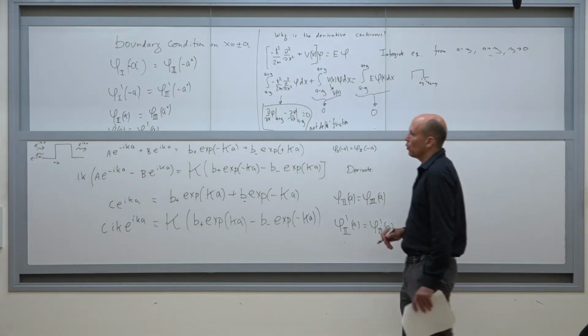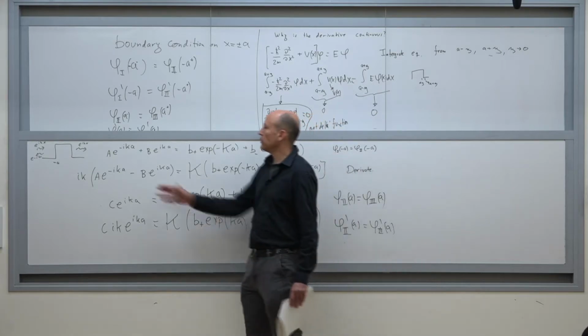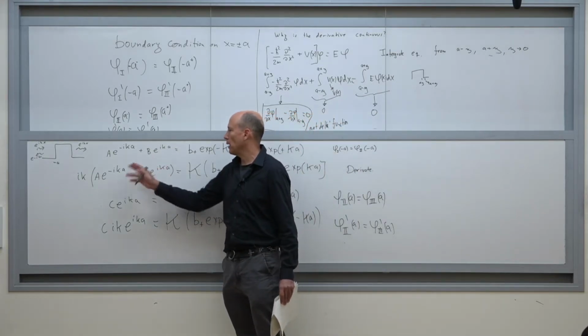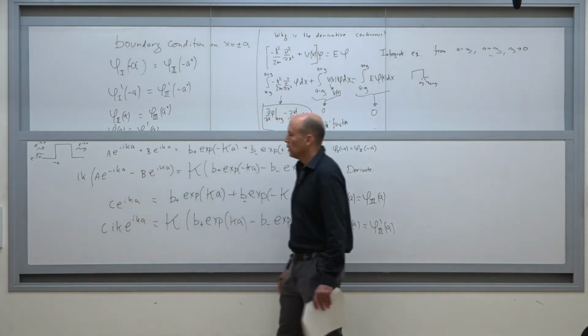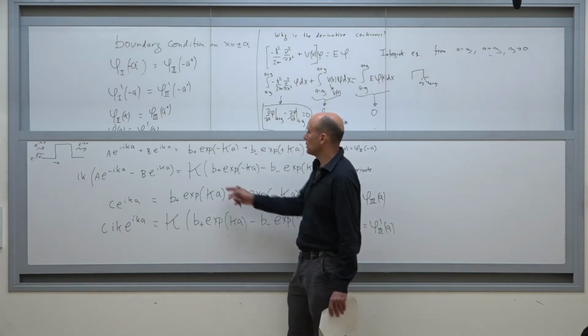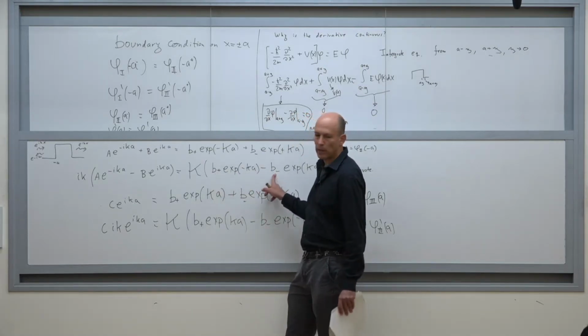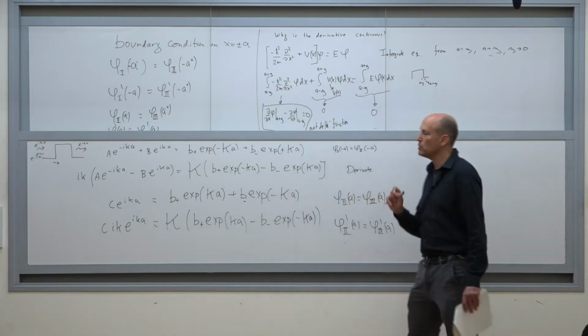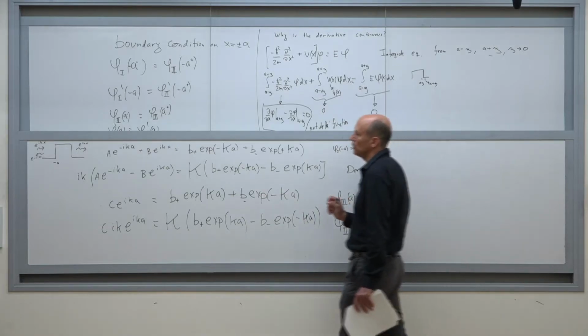So what we are actually after is B and C. The first thing to do is, we have in these equations B plus and B minus, so isolate B plus and B minus.